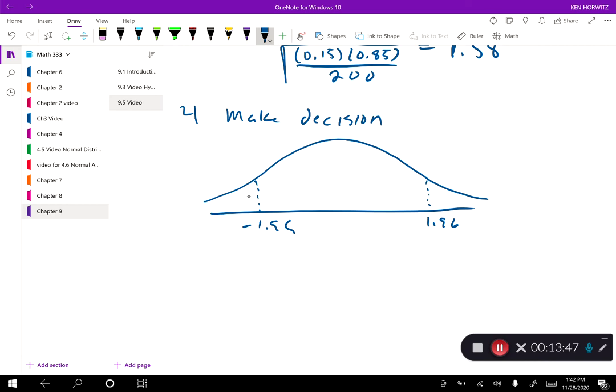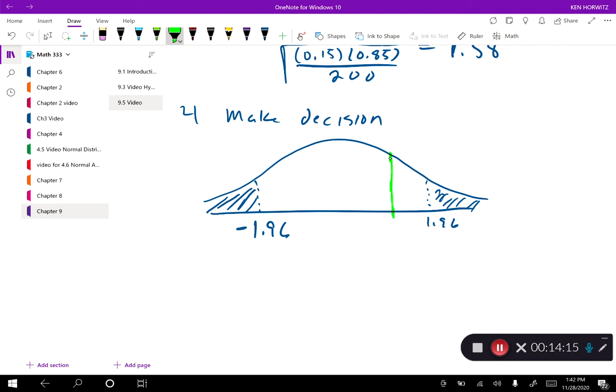I definitely endorse drawing the picture while you're still making your way through hypothesis testing. Eventually, you are going to kind of figure out a way that you can do this without drawing the picture. But until then, I definitely endorse drawing it. 1.58 is going to come out like here.